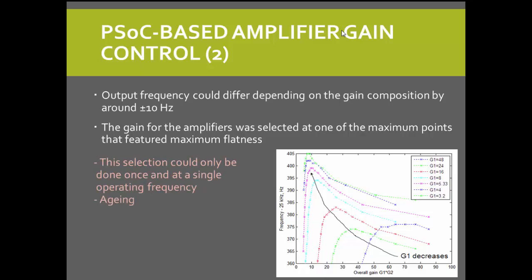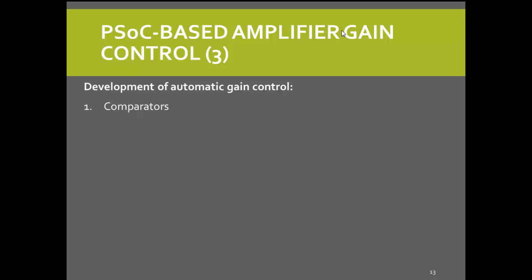But this selection can only be made for a single frequency, and due to the aging properties of piezoelectric elements, that called for the development of automatic gain control. We had three ideas to implement this automatic gain control. First of all, comparators.